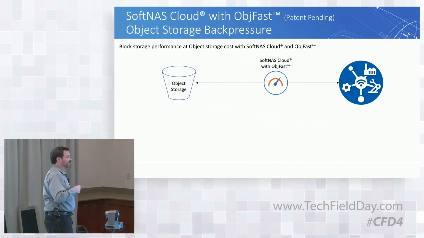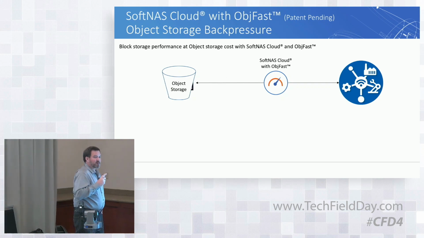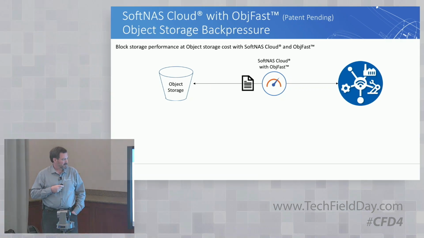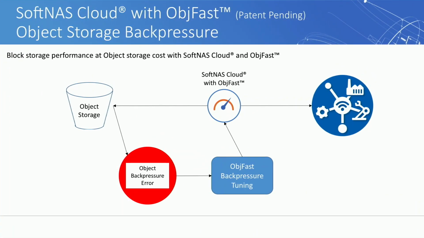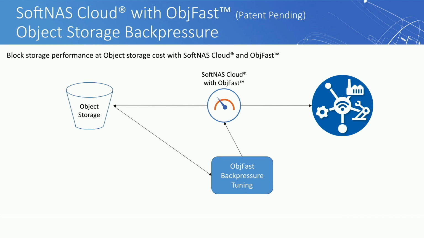All right? What we've done at SoftNAS is look at the problem slightly differently. We'll still get the backpressure error, but instead of just retrying, we've got some heuristic algorithms that actually look at what's really happening. How much backpressure are we getting, and are we underperforming? And we'll tune the speed at which we're accessing the object storage.